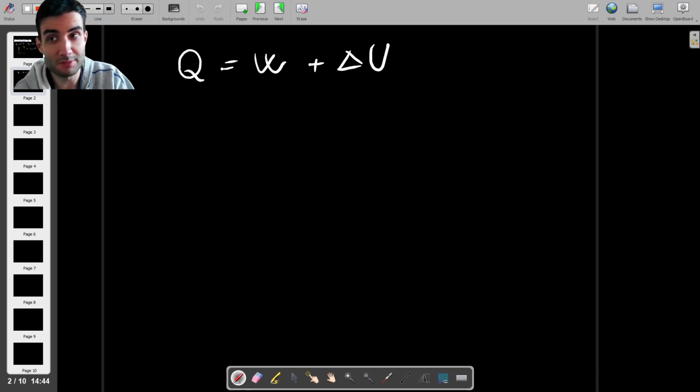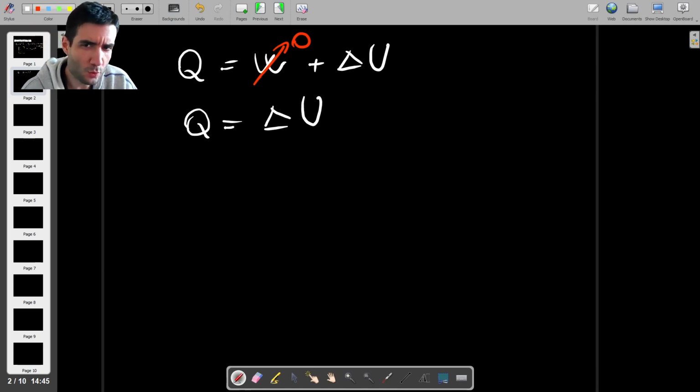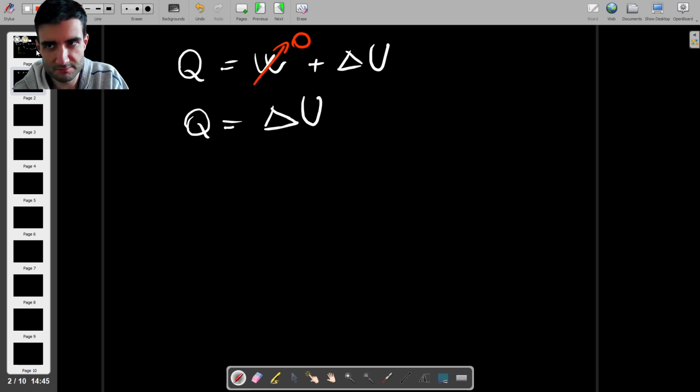There's no work done by the gas and there's no work done on the gas either. So W is 0, which means that Q is equal to delta U, which in a way gives us a hint towards the second question, because if the question is asking for both, we just have to find one and automatically we'll find the other one, because they're equal.